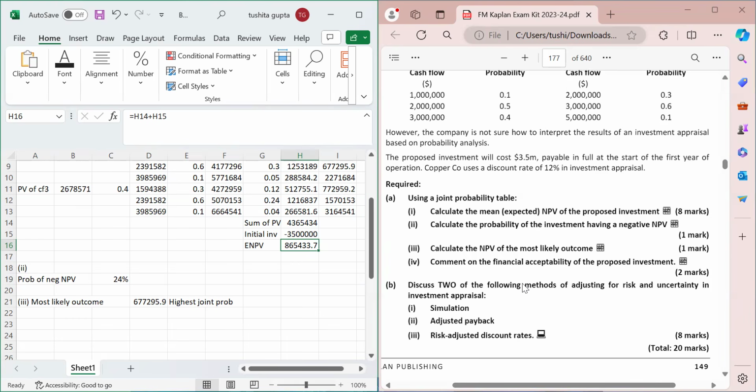So basically the discount rate can over here make you more aware about when you will eventually be getting your present value back, the initial investment which you have put in. So this is how adjusted payback helps you in risk and uncertainty.